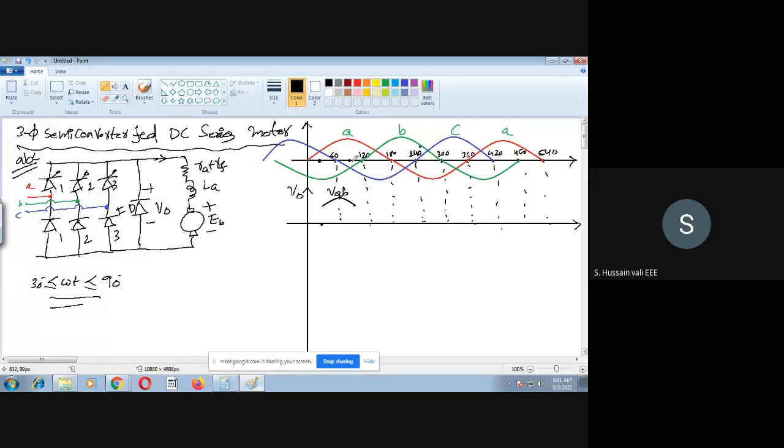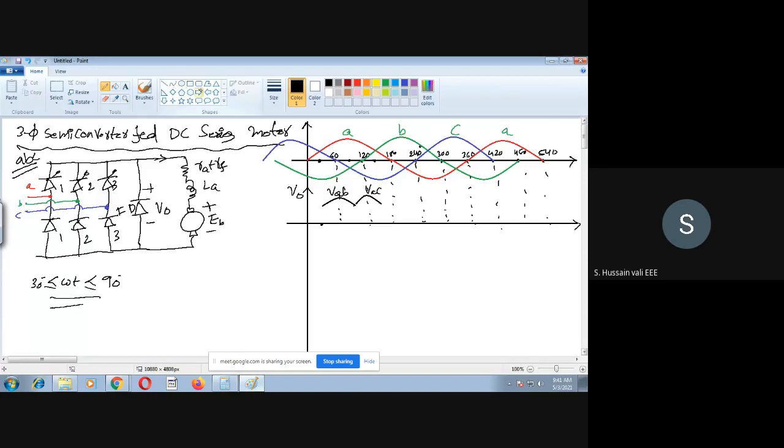Then from 90 to 150, see for yourself which voltage it is. Highest is VA, whereas the lowest is C, so VAC. This way you can continue.